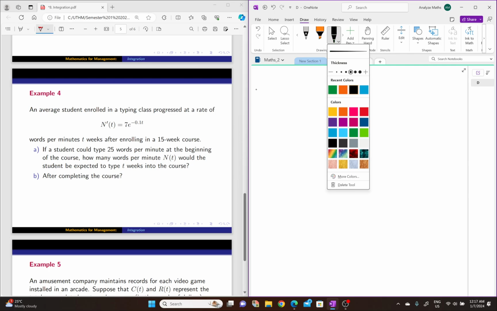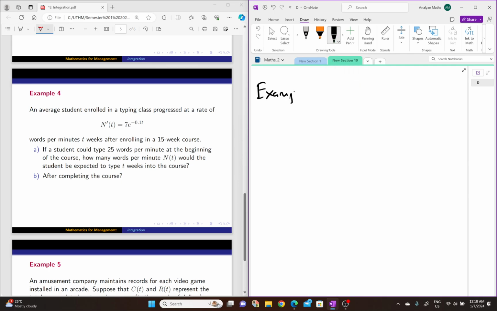Example 4 now. Typing rate. Okay, an average student enrolled in a typing class progresses at a rate of words per minute. Okay, so the n is actually words per minute, number of words you type in a minute.